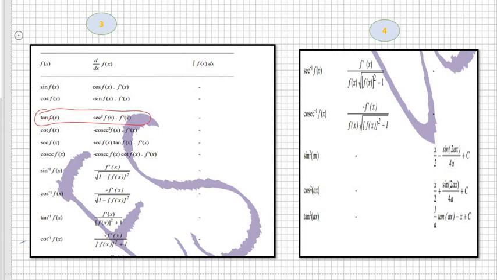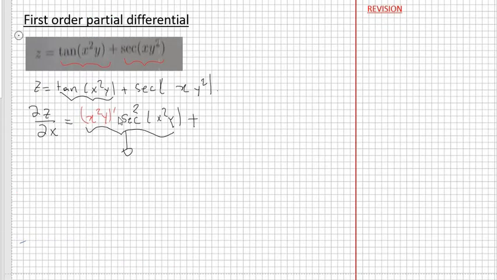So the derivative of tan of a function gives, all you need to do is, you first write the sec square of the function, and then you multiply by the derivative of the function. So this is basically what I did to the first term.